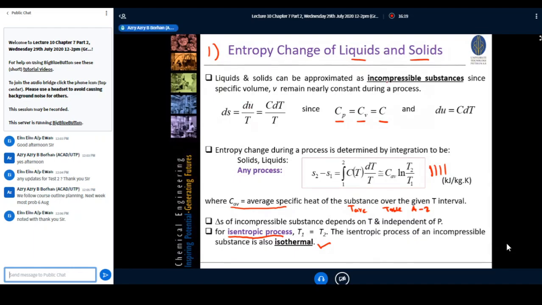Because you have an incompressible substance. So what happens is that instead of expressing Cp and Cv, we can use the general C to represent the specific heat for an incompressible substance. So that's why dU equals C times dT, right?